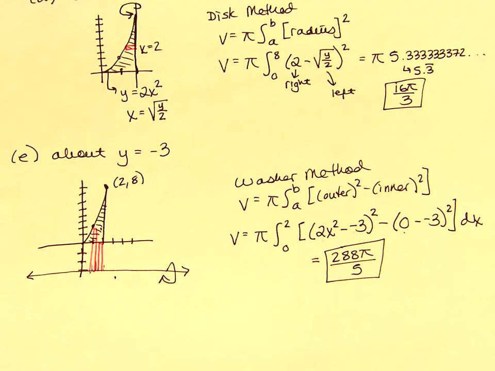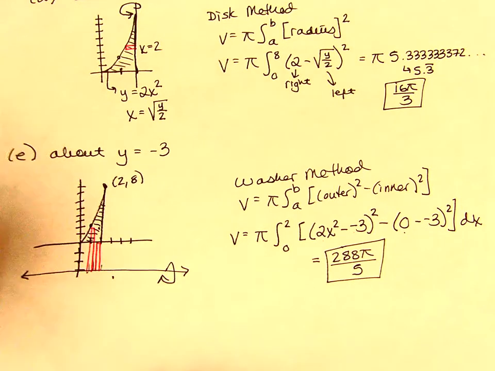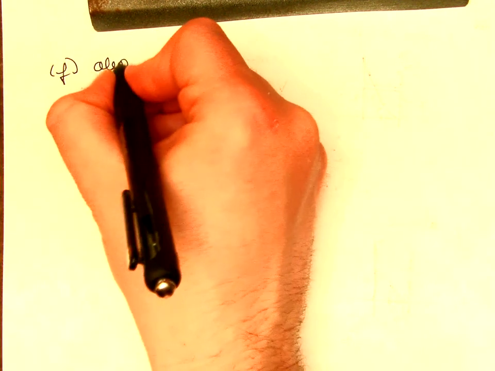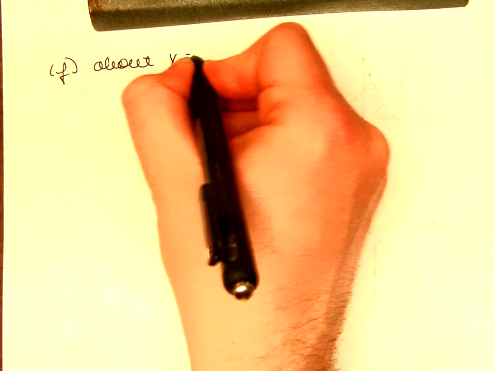One more variation. Letter F. About x equals -1. Go sketch it.